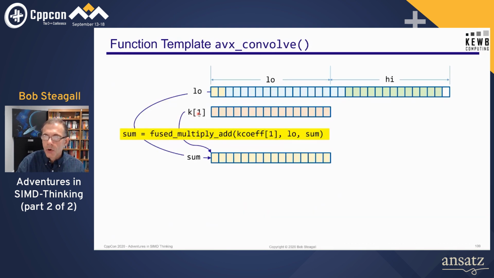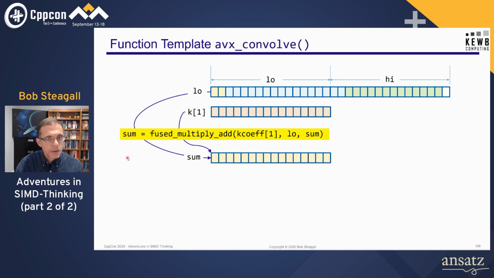So now I've got coefficient number 1 loaded, and you can see that I've shifted downward low and high, and because it's a shift, I filled the top end of high with a 0, which I represent by white. I do the fused multiply add. I multiply, I add, I accumulate in sum.